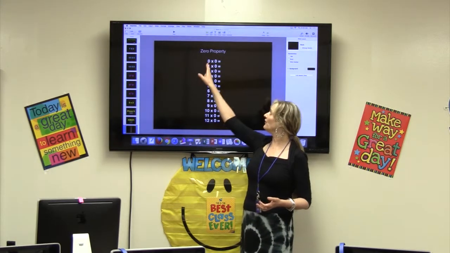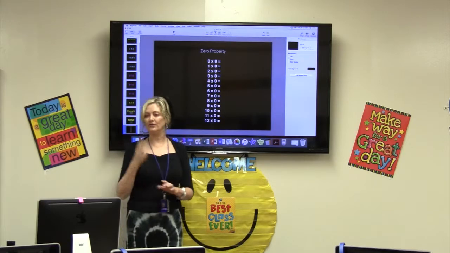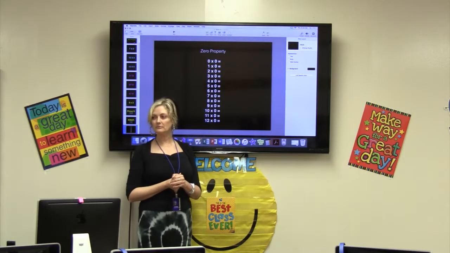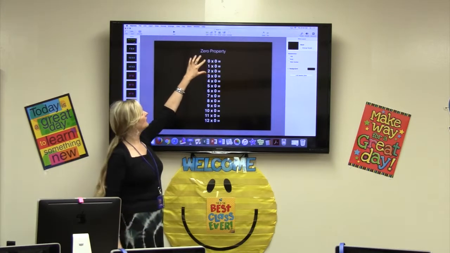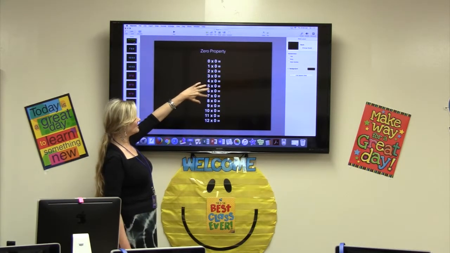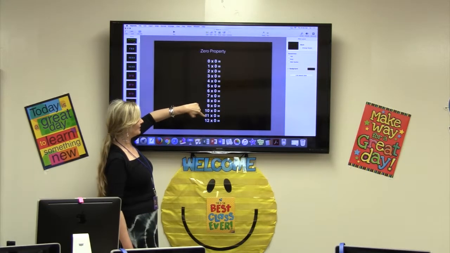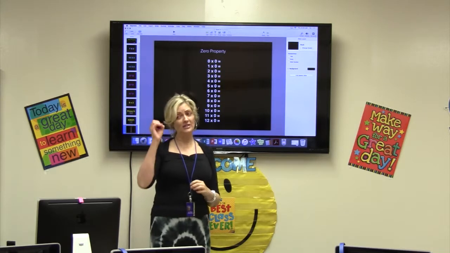All right, our first factor on this represents all the factors that you have as third graders this year. What are our factors this year? Let's read them together. 0, 1, 2, 3, 4, 5, 6, 7, 8, 9, 10, 11, 12. You actually have 13 factors because you have 0.